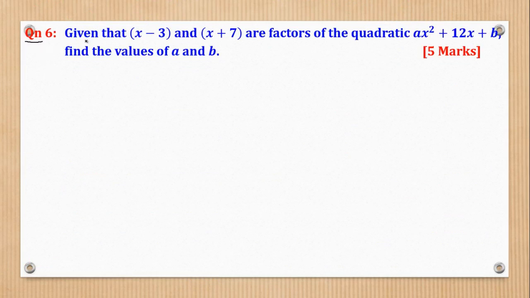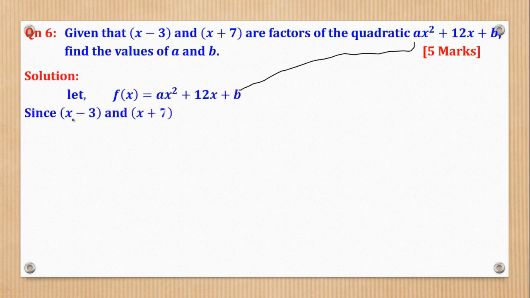Then question 6 says, given that this and this are factors of the quadratic this, find the values of a and b. So it is a factor, the remainder is 0. Therefore, f(x), let it be equal to that function. So for this and this to be factors, this and this will be roots.